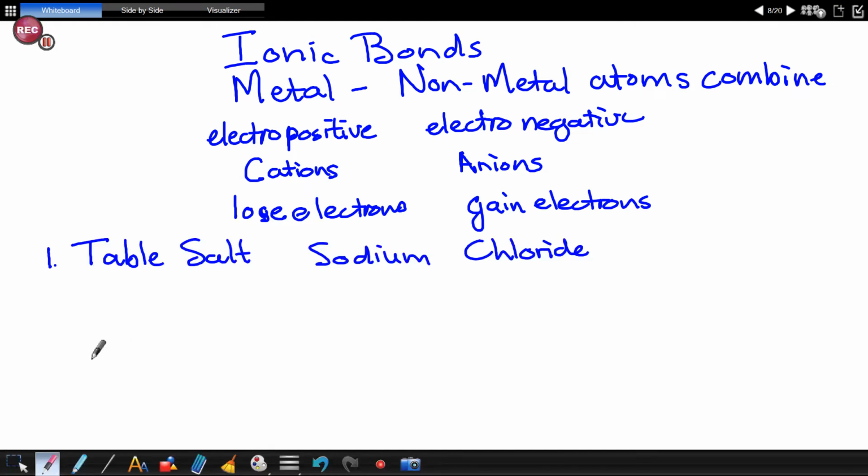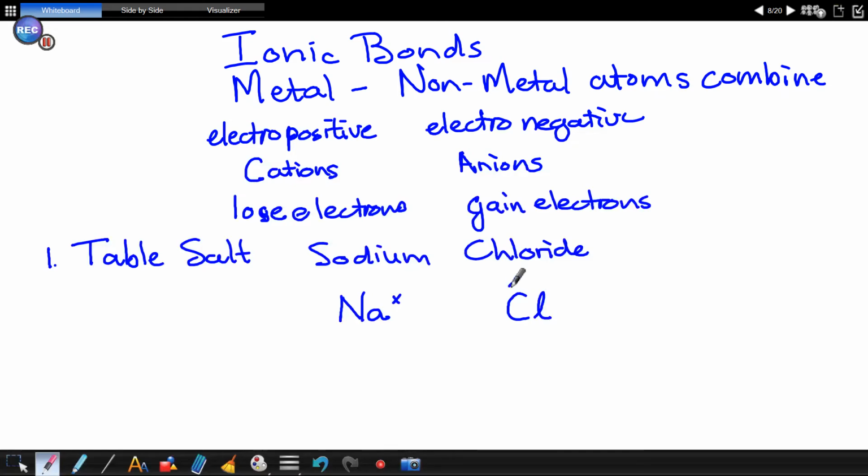Now to explain, using those little symbols with the kisses, sodium has how many valence electrons? I know this because it's in group 1. Chlorine has how many valence electrons? 7. I know that because it's in group 17.